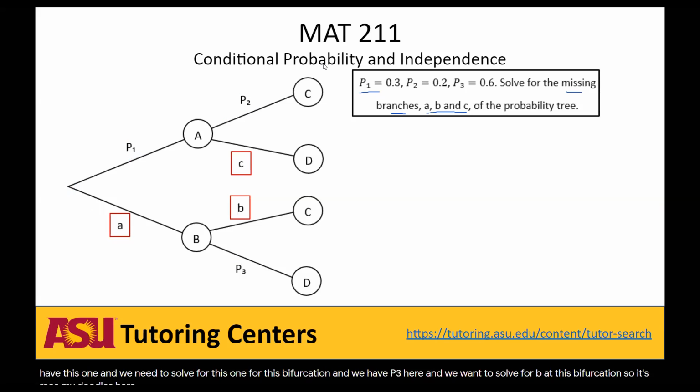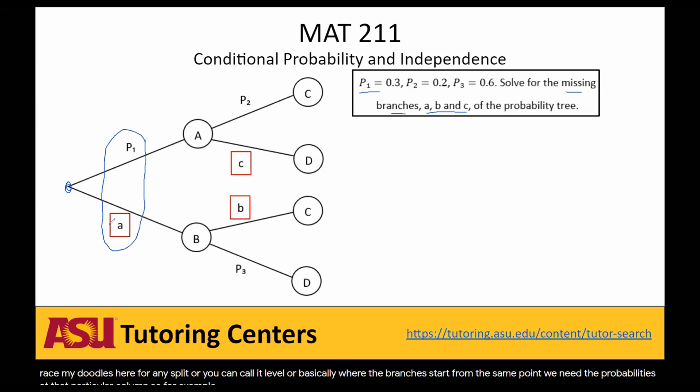For any split, or you could call it level, or basically where the branches start from the same point, we need the probabilities at that particular column to sum to 1. So for example, P1 and A equal 1 if we sum them together. Likewise, P2 and C need to equal 1, and B and P3 need to equal 1.